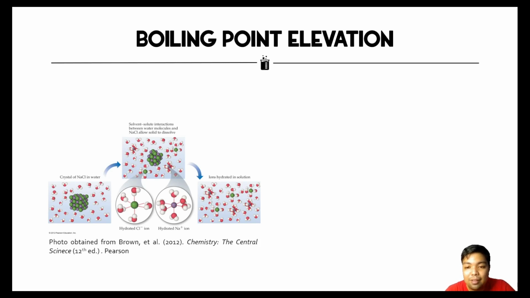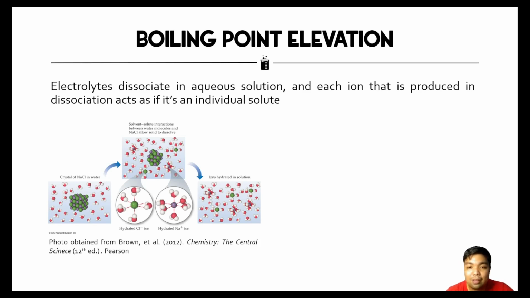So what happens here? Now, because these ions become separate, they will act as if they are a single distinct, quote-unquote, entity in the solution that are independent of each other. And these independent, distinct, quote-unquote entities will have a separate effect on the colligative properties of your solution.